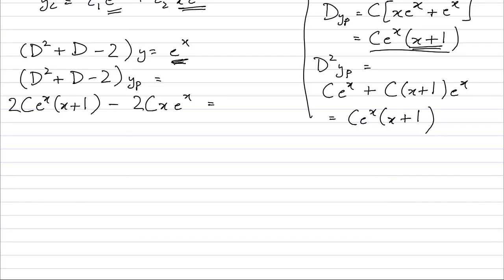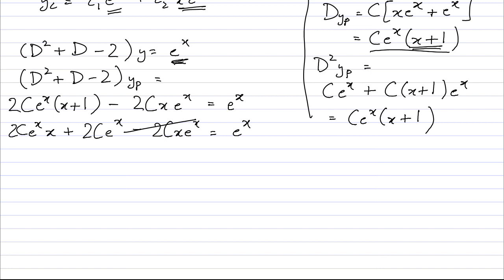Just expanding this out, you get 2c e raised to power x, x plus 2c e raised to power x minus 2c x e raised to power x has to be equal to e raised to power x. So this cancels that, and we immediately find that c must be equal to half. So in other words, the particular solution is simply equal to half multiplied by x e raised to power x.